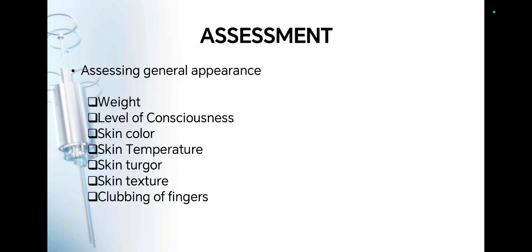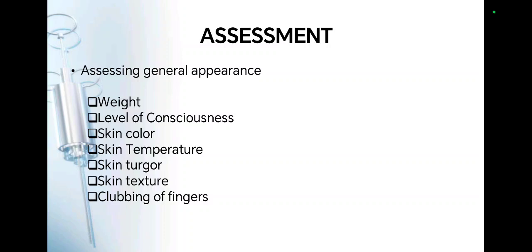Another is your skin temperature. The reason why we are warm-blooded people is because of blood. Okay? So without blood, you will experience hypothermia or a decrease in body temperature. The next, we have your skin turgor.